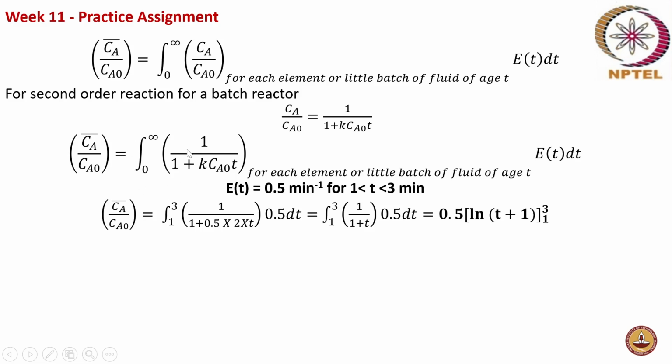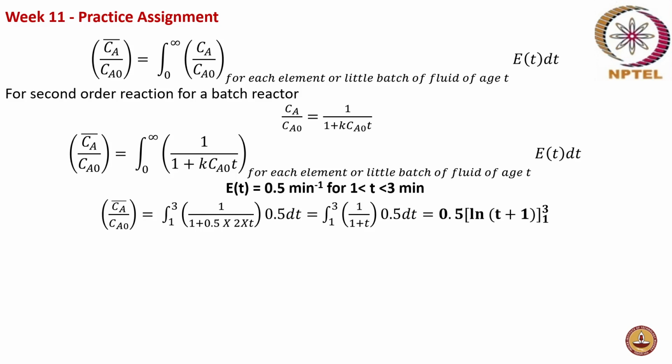From 0 to 1, E of t is 0, because it is 0.5 only for time between 1 and 3 minutes, and similarly from 3 to infinity E of t is 0. So the valid integration is from 1 to 3 of 1 divided by 1 plus K Ca0 t, into E of t dt.